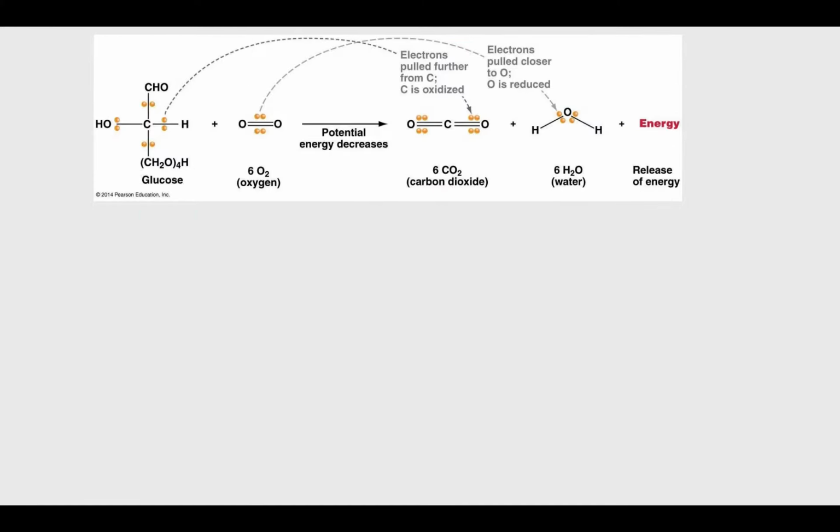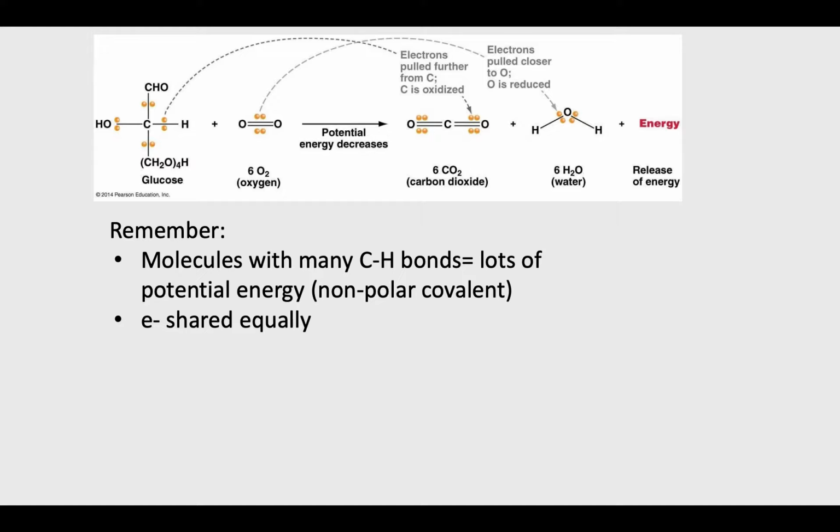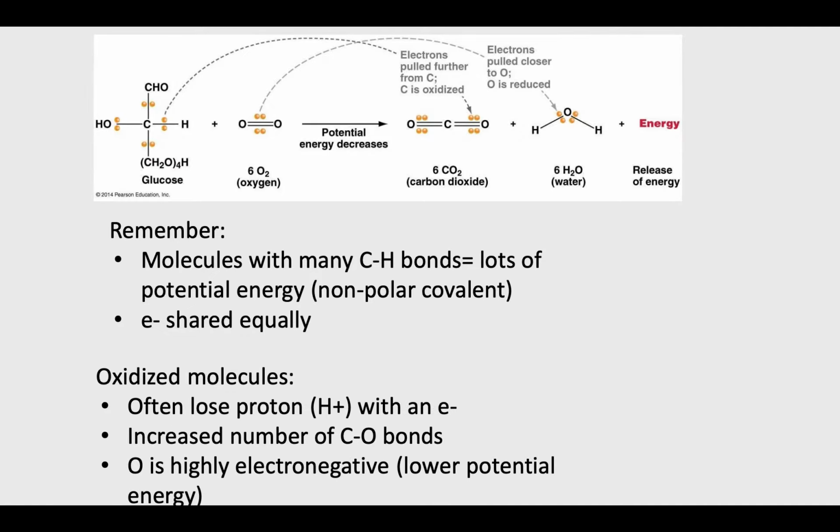All right. So a couple things to remember when we're talking about these redox reactions. Molecules with many C to H bonds have a lot of potential energy because they are non-polar covalent, sharing those electrons equally. Now, oxidized molecules are often going to lose a proton, which is this hydrogen atom.